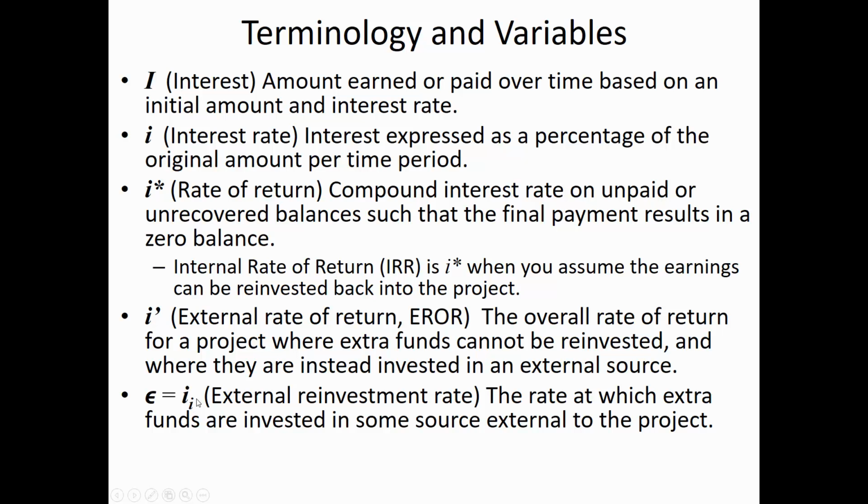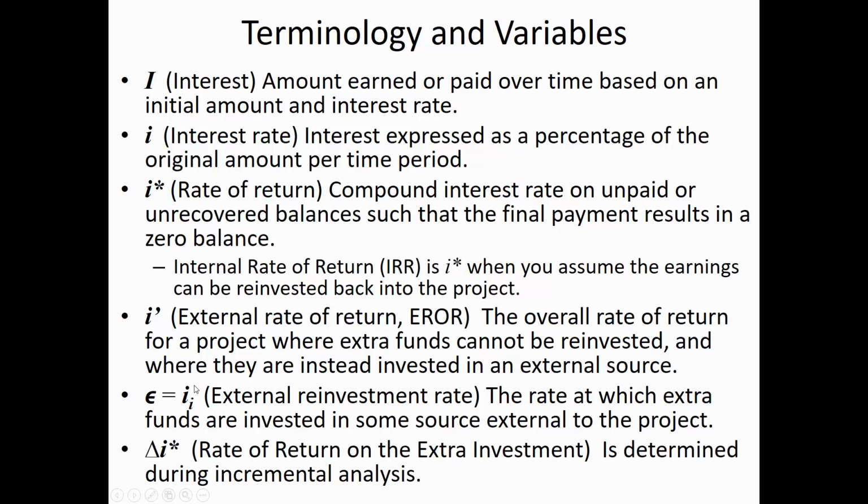Okay, i sub i is the variable that they're assigning to the external reinvestment rate. And some texts assign that epsilon, but unfortunately ours doesn't. Ours uses the letter I again. And then what we did last time in class, the incremental rate of return.